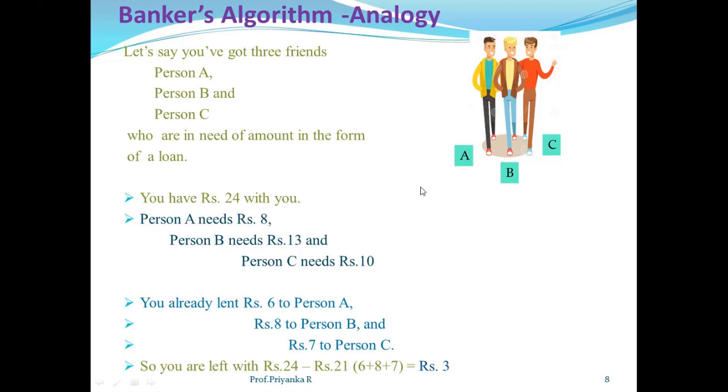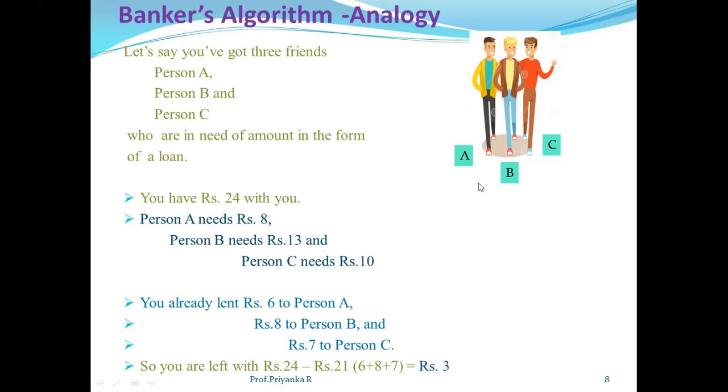Person A needs rupees 8, person B needs rupees 13 and person C needs rupees 10. Now you have lent rupees 6 to person A, rupees 8 to person B and rupees 7 to person C. So altogether, out of 24 rupees, you have lent 21 rupees. So you are left with rupees 3 in hand.